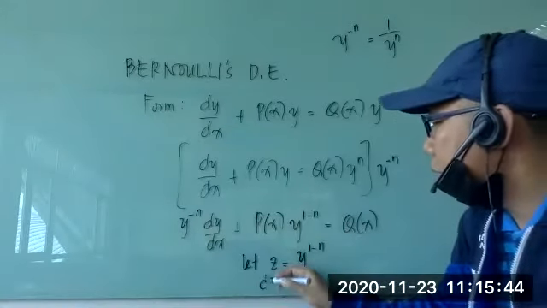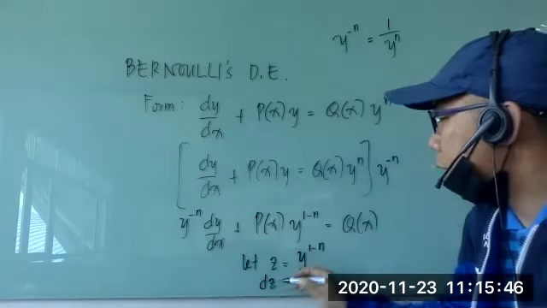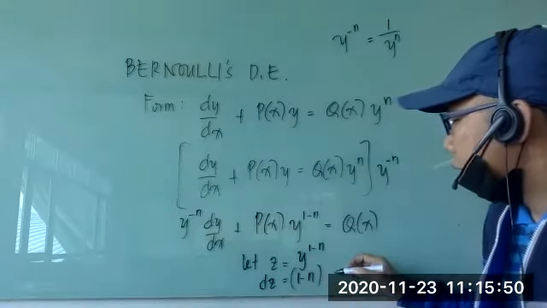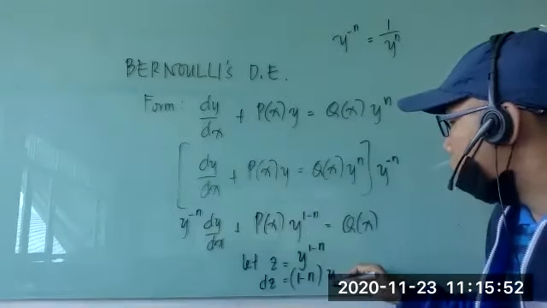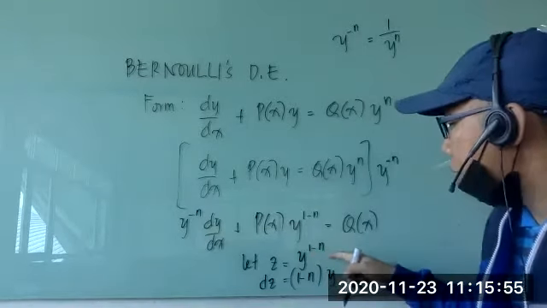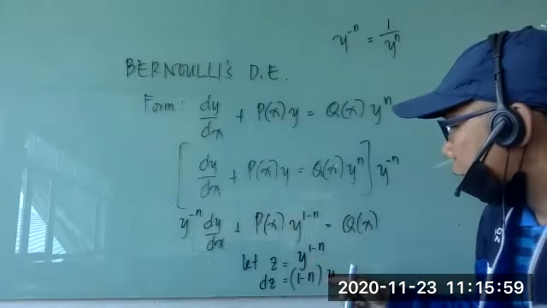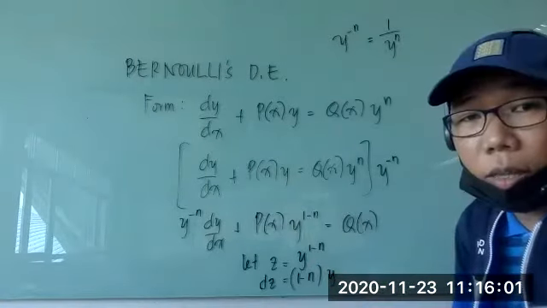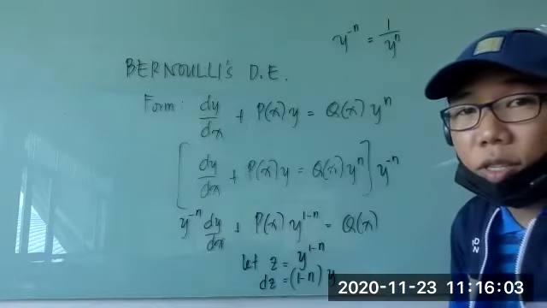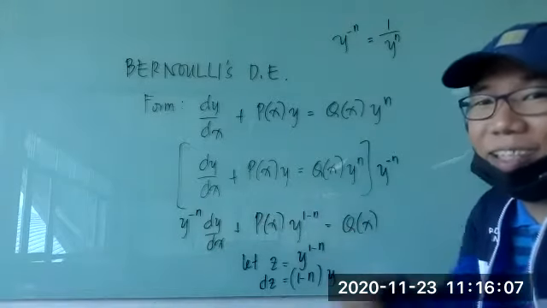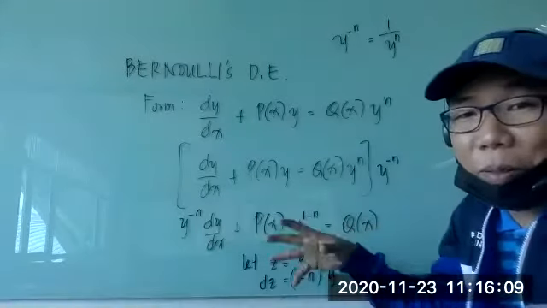Tapos kunin ko yung differential. So dz is equal to what? This will be 1 minus n times y raised to 1 minus n minus 1. Sa pag-differentiate, guys, minus 1, no? Alam niyo yun? Pag nag-differentiate ka, yung sa chain rule, yung power formula pala sa differentiation.